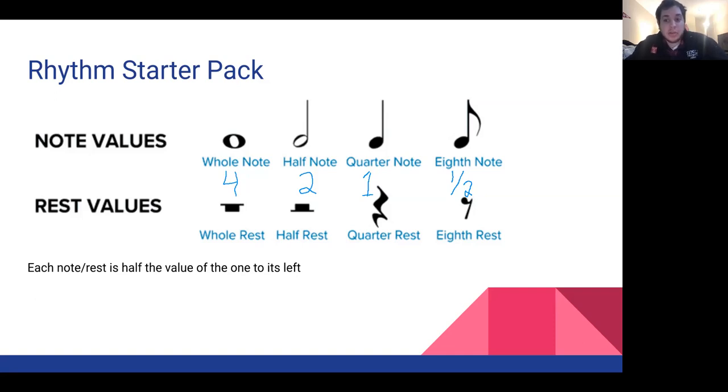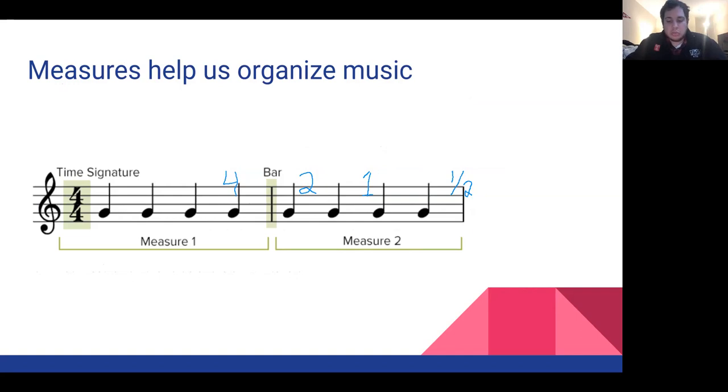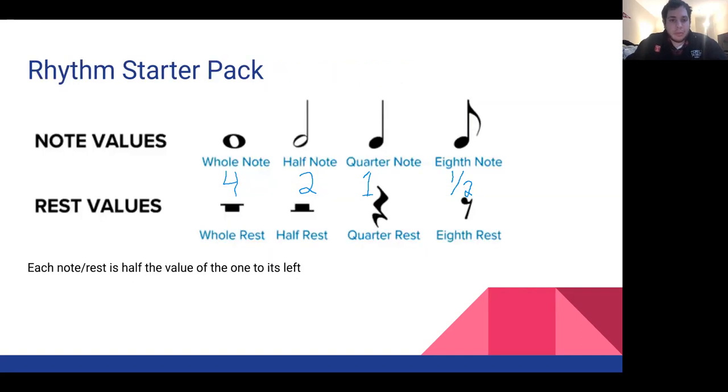And just like notes show us where the sound is, rests will show us where the silence is. And we have different kinds of rests that match up with the different kinds of notes. A whole, hang on. You try to draw.